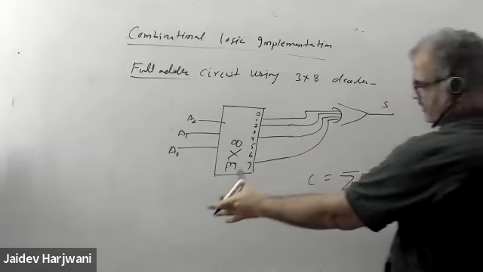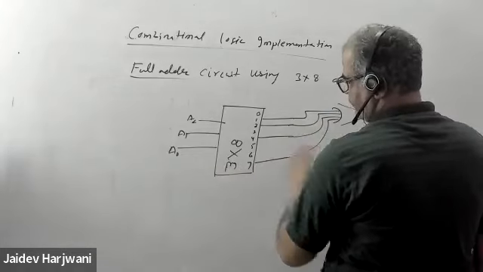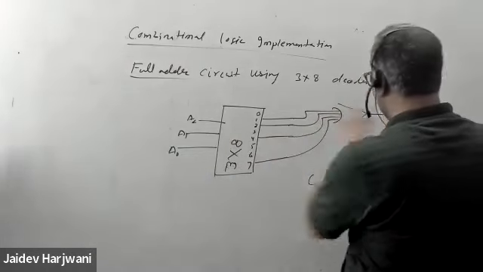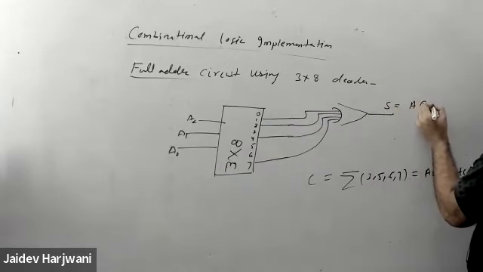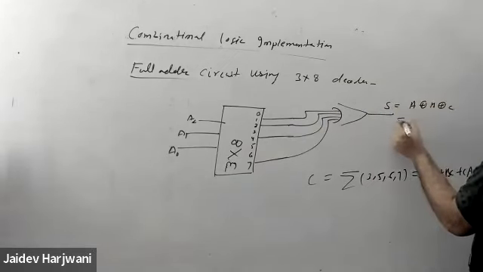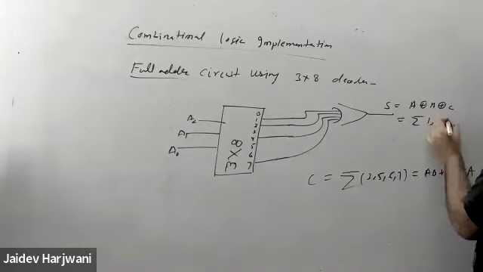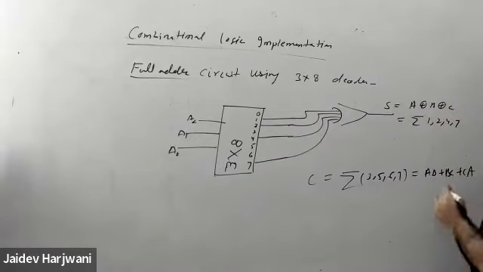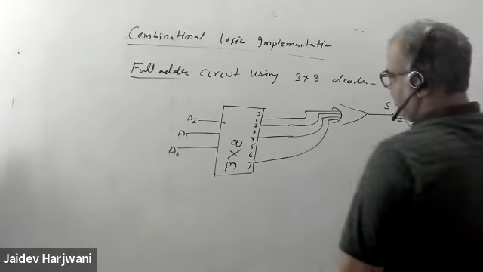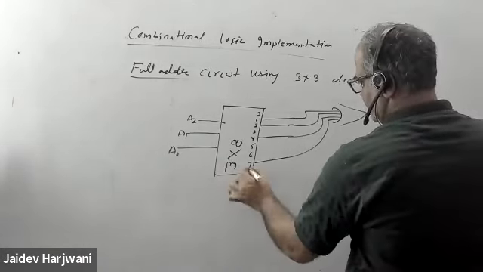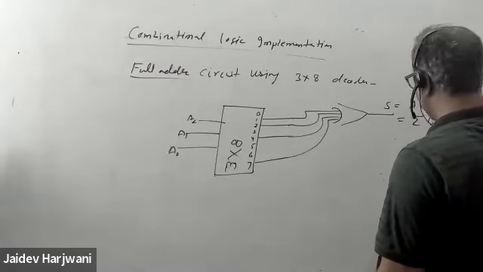So this is the representation of a full adder circuit using a 3 to 8 decoder. This gives you A XOR B XOR C, which is equal to summation 1, 2, 4, 7.